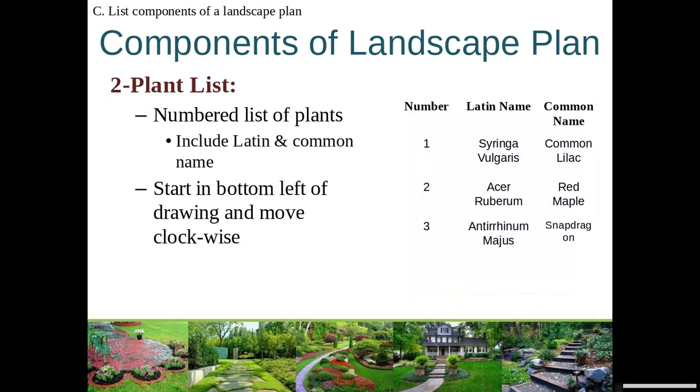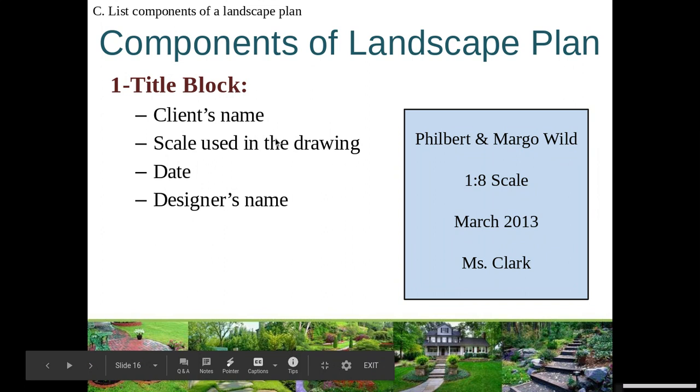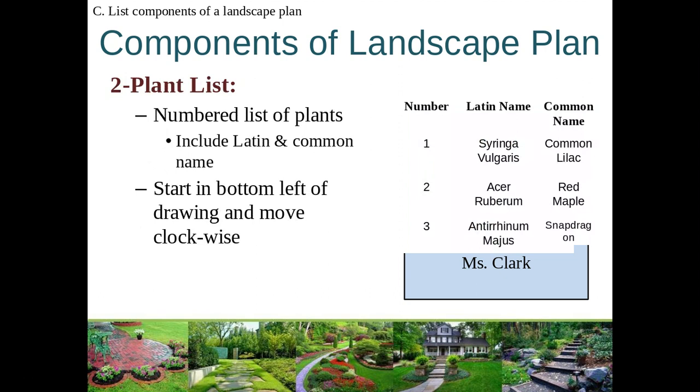So usually in a landscape plan, right, you have a title page, a title block with the client's name, what scale you used to draw it in, when you designed it, who designed it, and then you will number the plants that you use.